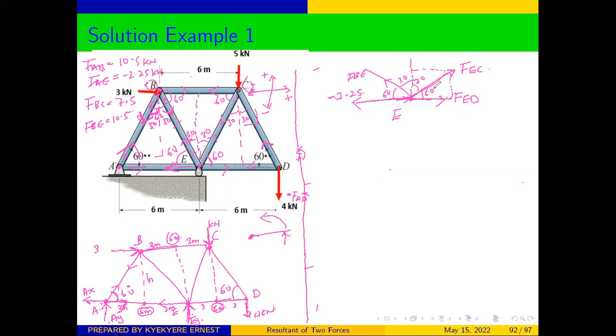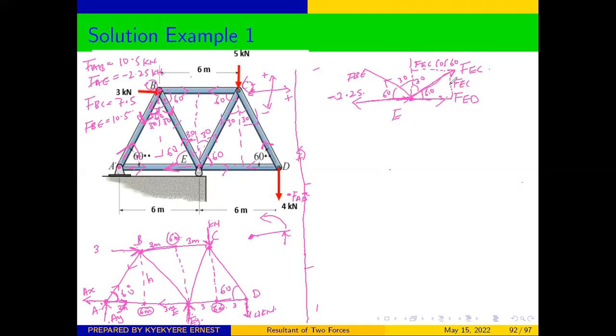Therefore, the X component using this angle, the X component is adjacent to the angle 60. Therefore, it is going to give us FEC, because it's adjacent to the 60, we are going to get cos 60, and our Y component is going to be FEC.